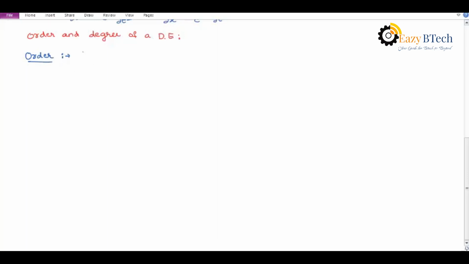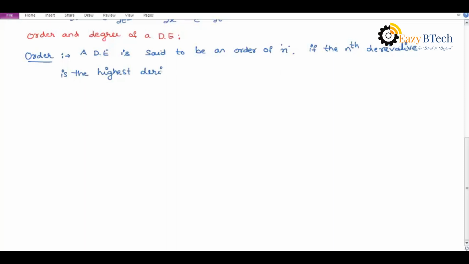A differential equation is said to be of order n if the nth derivative is the highest derivative in the equation.